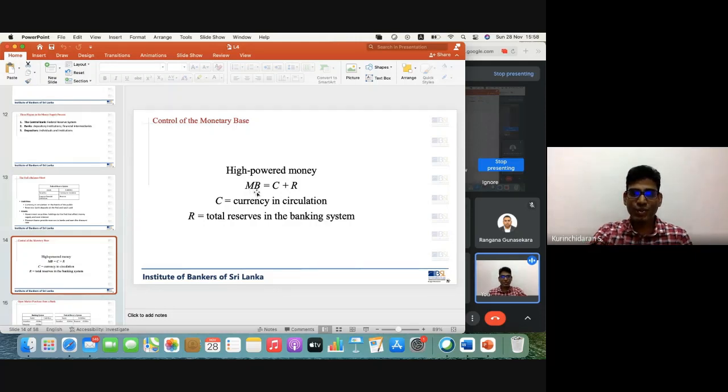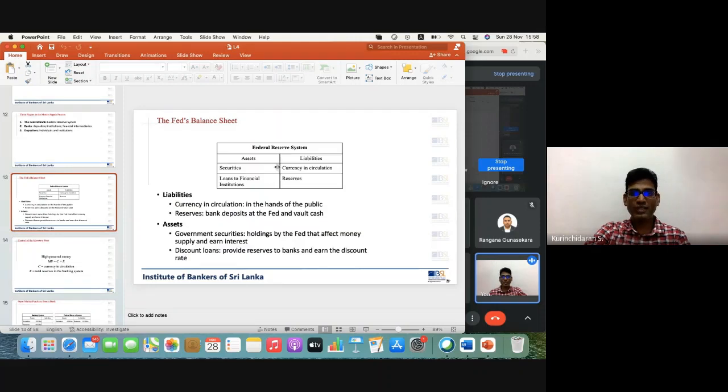The monetary base is C plus R. If somebody is talking about the monetary base, that includes currency in circulation and total reserves in the banking system.